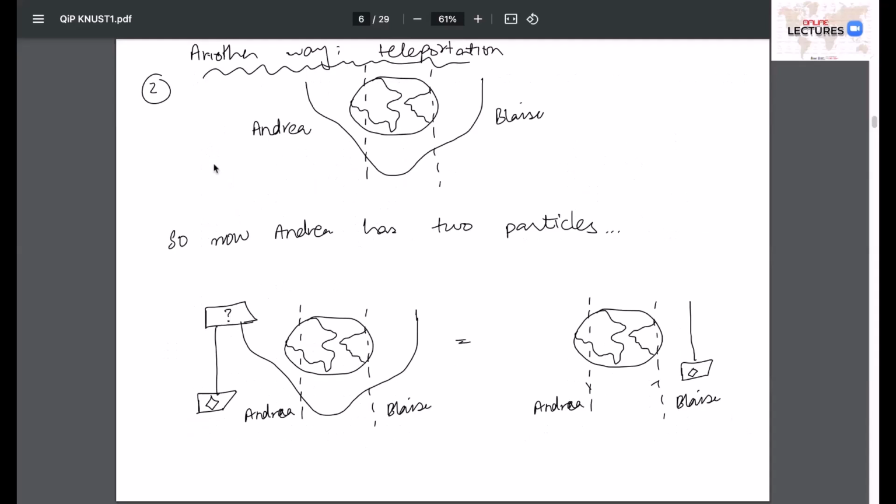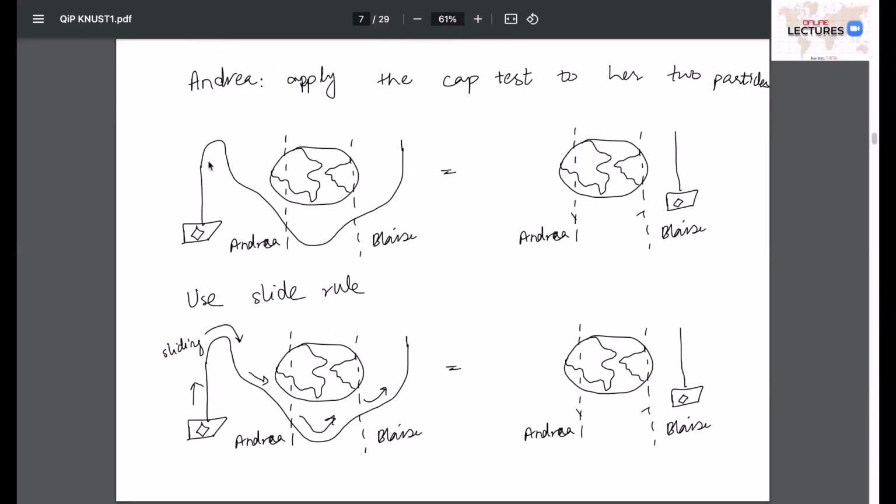So what is this operation? What is this question mark? This operation is the cap test. And using the sliding rule, you can see that this state is teleported to Blaise.